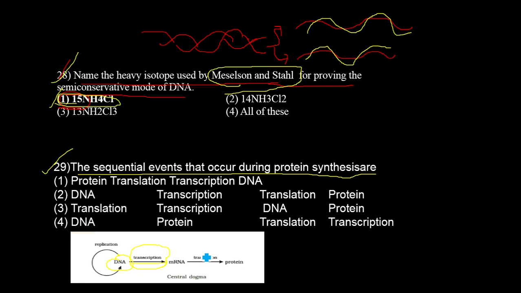Then RNA becomes protein by translation. So DNA, transcription, translation, protein. Option 2 is the correct answer. First this is DNA, by transcription it becomes RNA, again RNA is involved in translation and forms the protein. Hence option 2 is the correct answer.